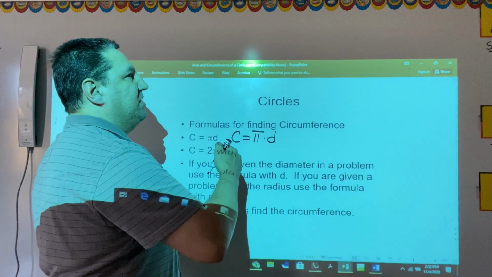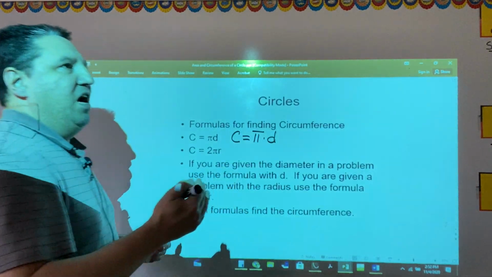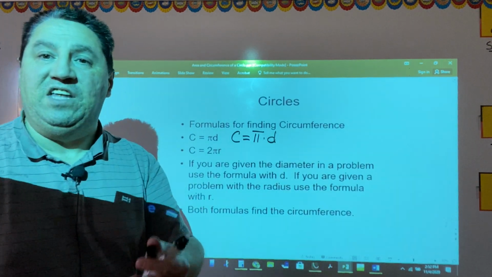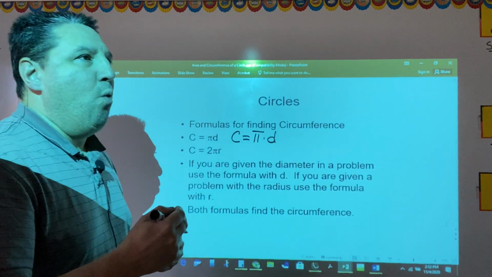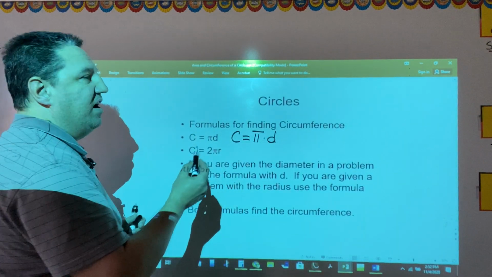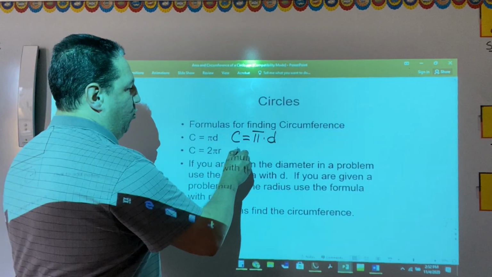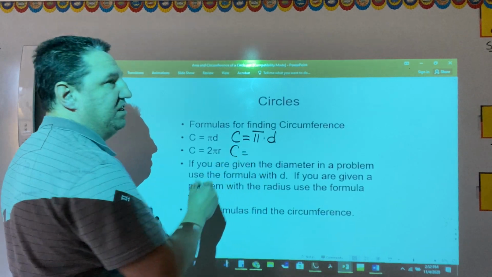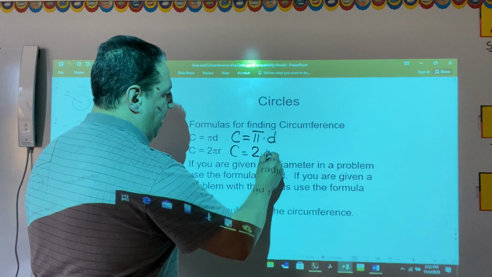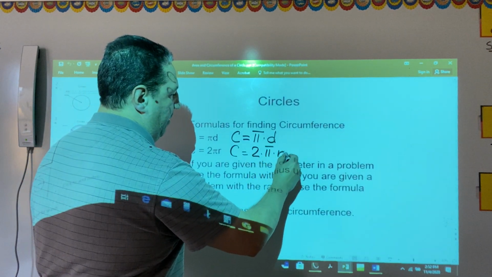But sometimes in a problem a radius is given, not the diameter. When the radius is given, we can use another formula, in terms of the radius. So C would be 2 times pi times r.